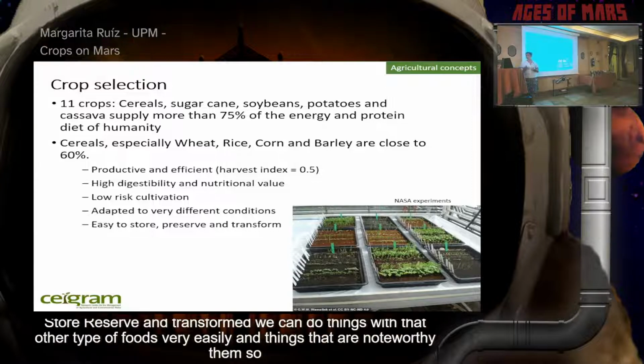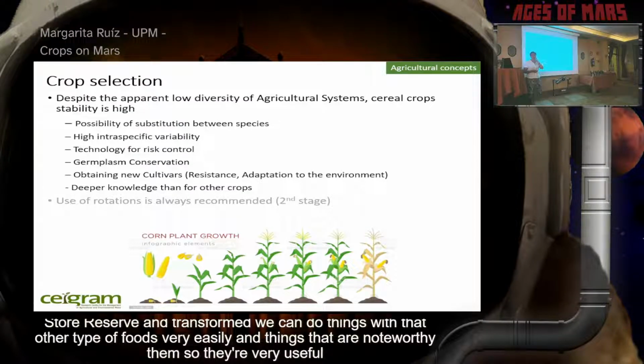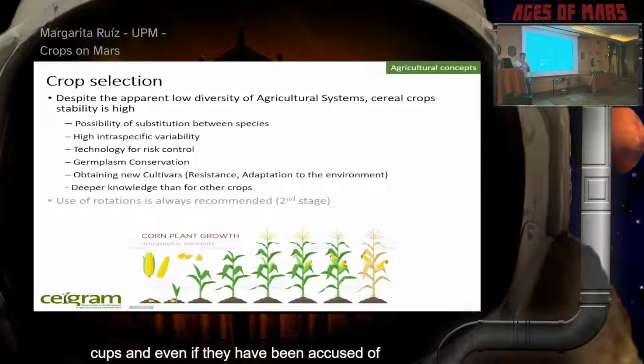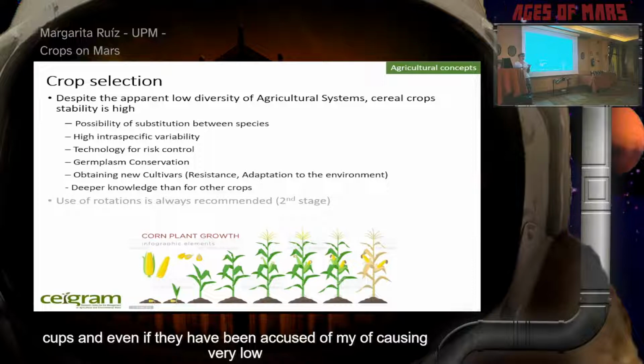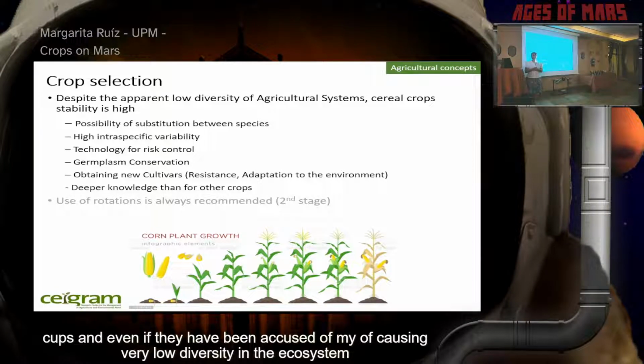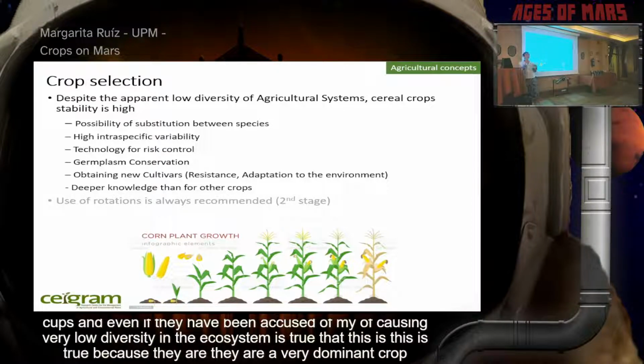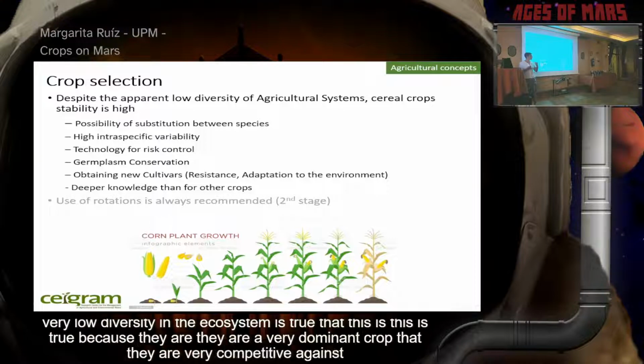So they are very useful crops, and even if they have been accused of causing very low diversity in the ecosystems, it's true, because they are a very dominant crop that is very competitive against other crops.